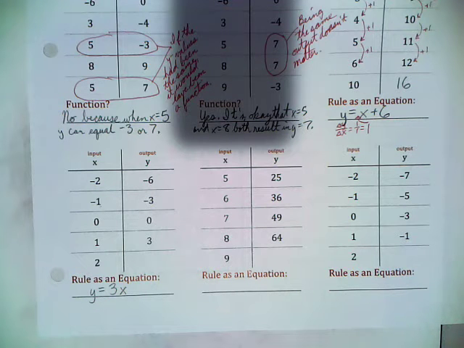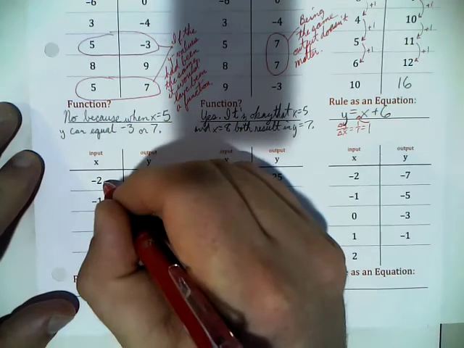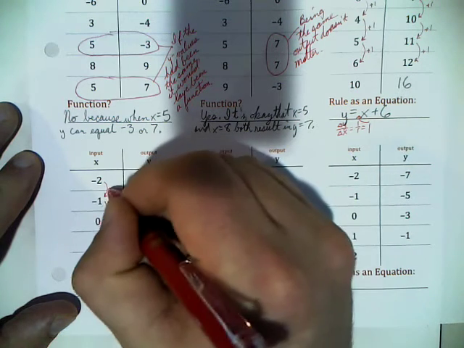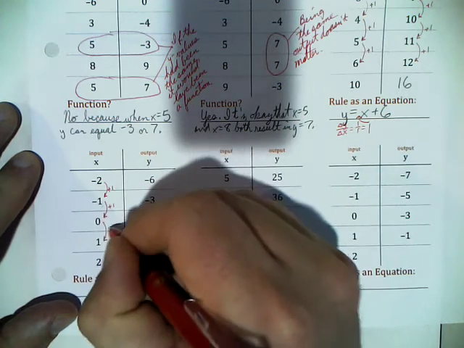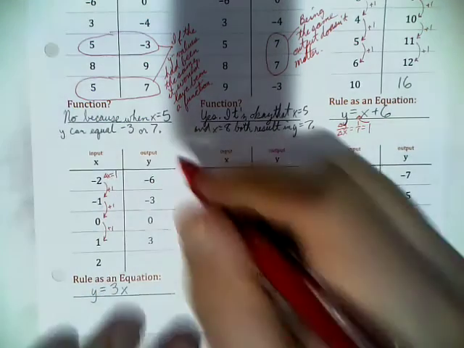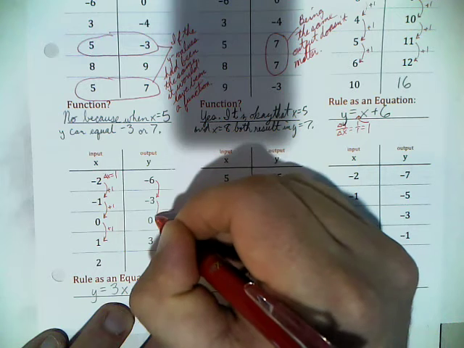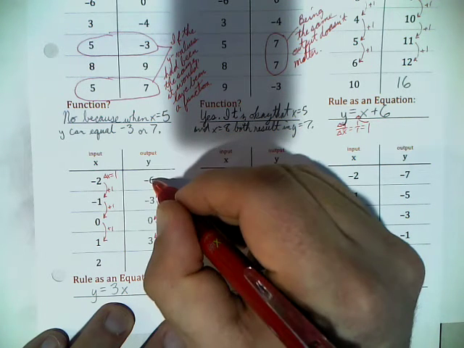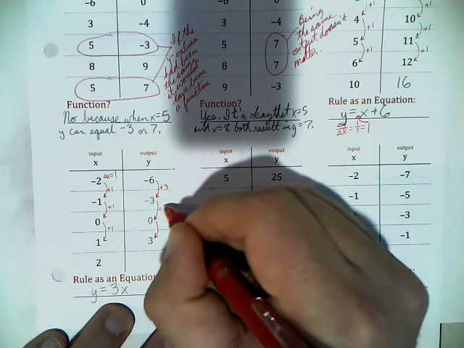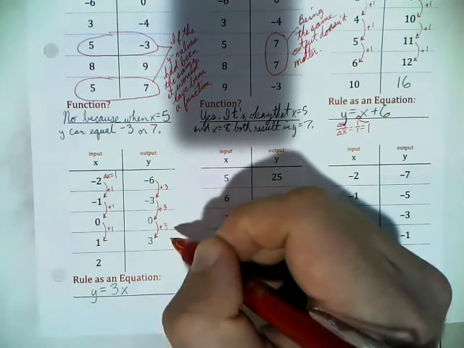I do want to look at that delta thing again. My x values keep going up by 1, so my delta x here was 1. But my y values, notice that to go from -6 to -3, that's going up 3, and then to go to 0, that's up 3 more, and then up 3 more again.